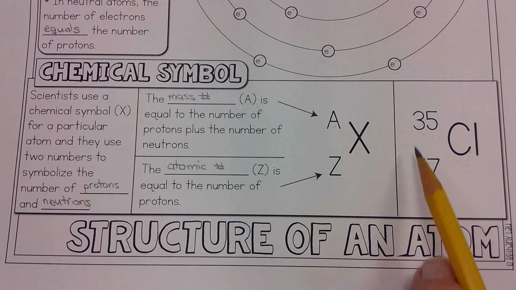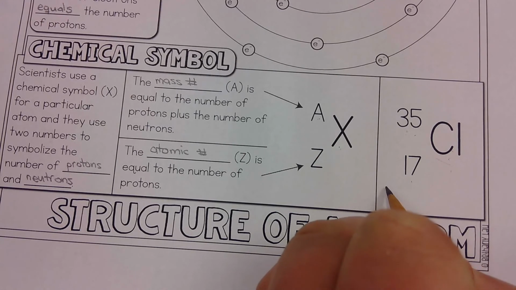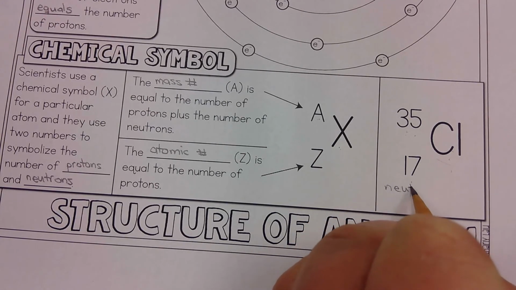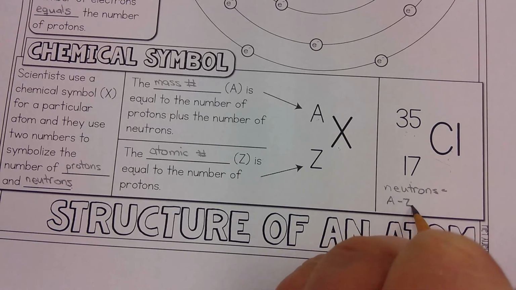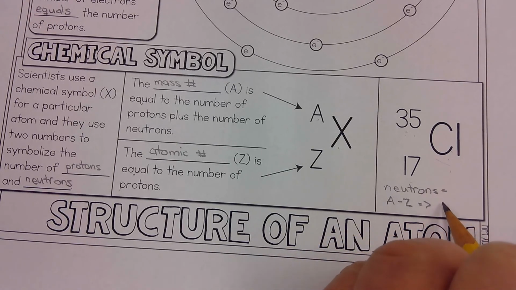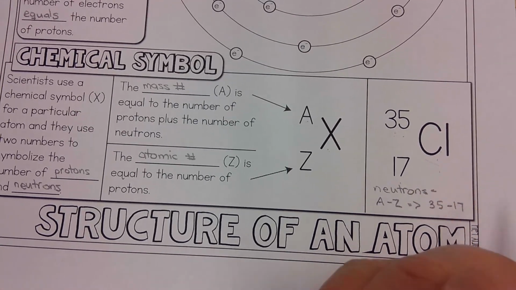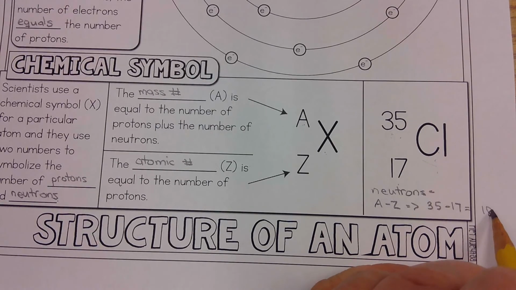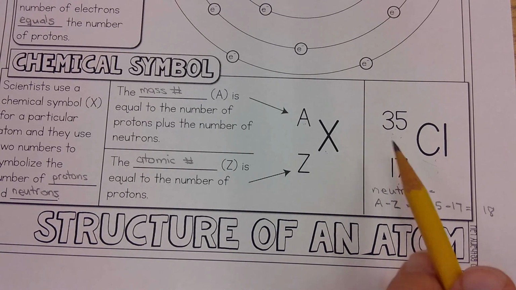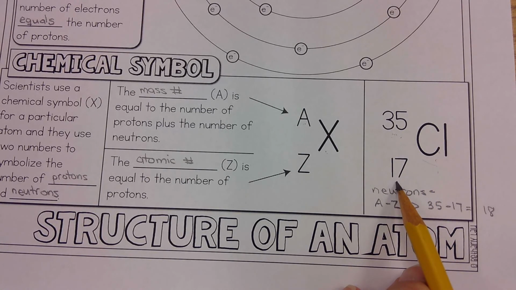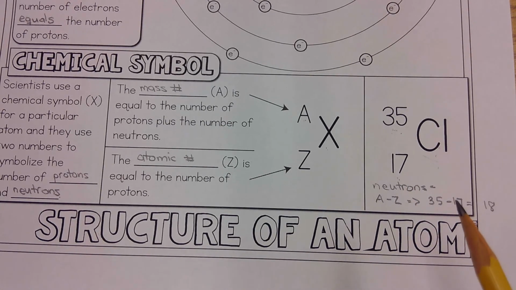So obviously, if you want to figure out the number of neutrons, neutrons equals A minus Z, or for this example, 35 minus 17, which is equal to 18. So that's how you get the number of neutrons. Mass number, protons plus neutrons. Atomic number, just protons. And then you have to do some subtraction to figure out the other.